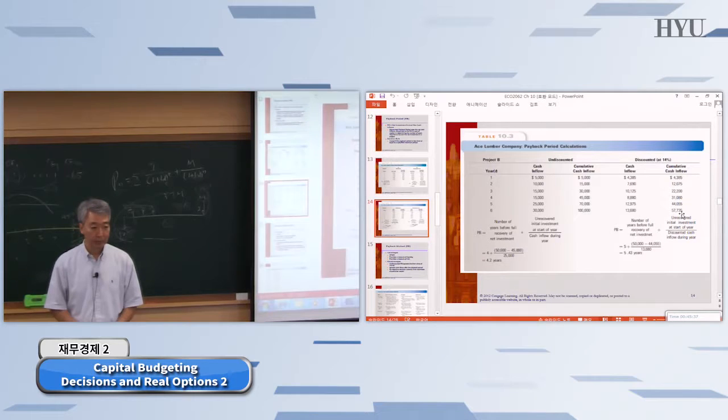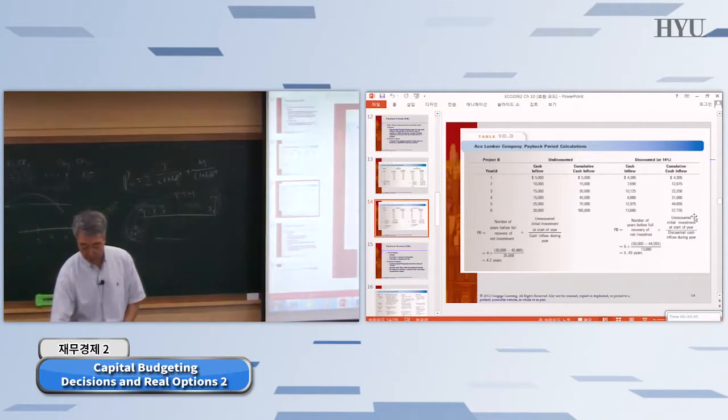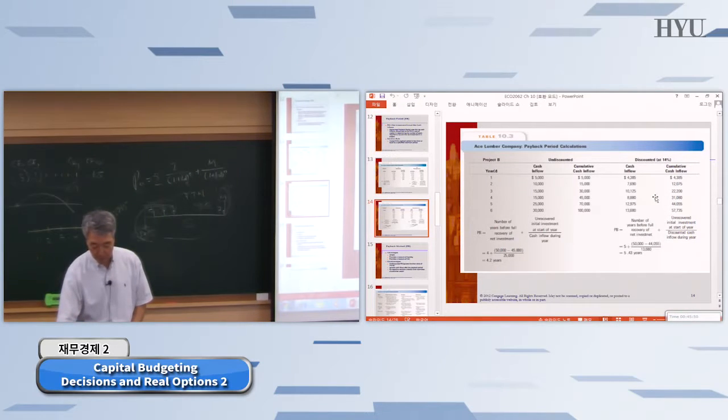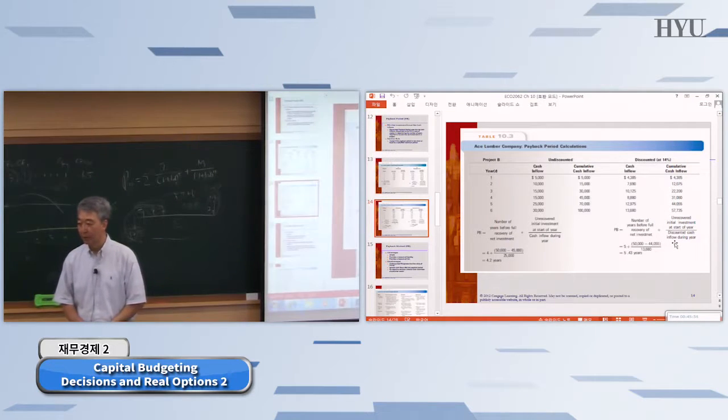And what if the project continues? So you have one project like this, ends at 6 years. You have another project with exactly the same cash flow or even lower cash flow, but it lasts 10 years.